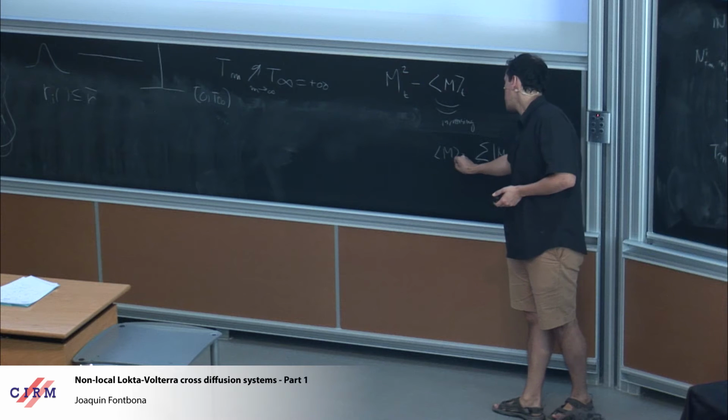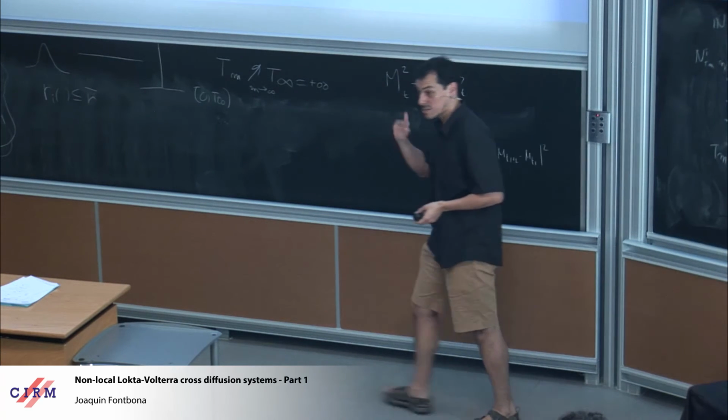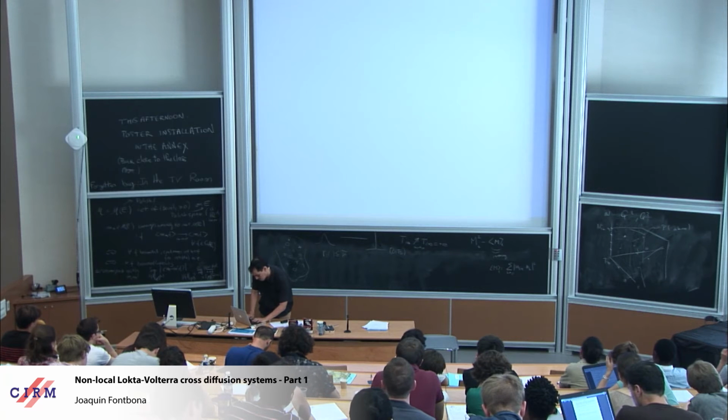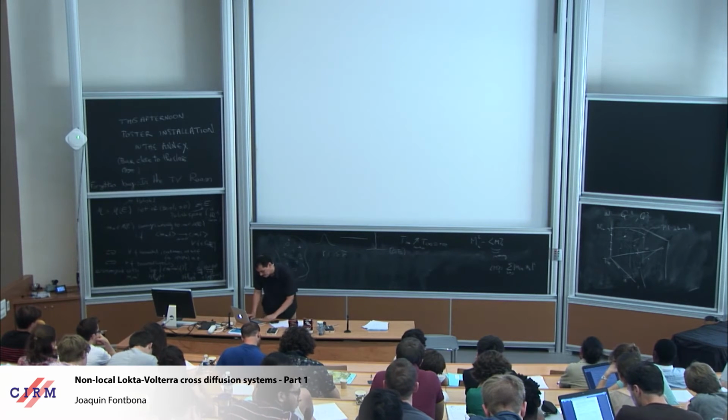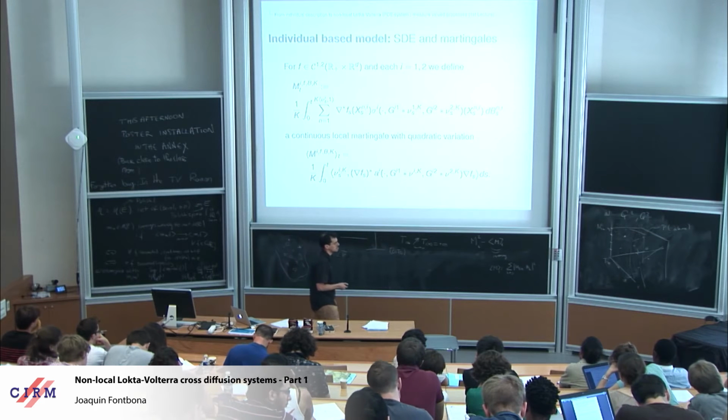And you can obtain it like this. It's a sum of increments to the power 2. In the case of Brownian motion, this is just t.